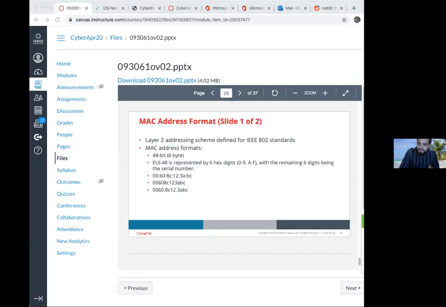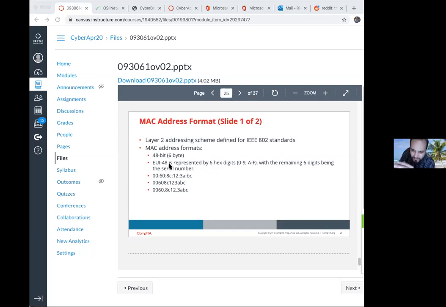All right, so MAC address formats. That's what we just went over. That's layer 2, and it's defined by those standards. We can see it's 48 bits, so that's 6 bytes. And the extended unique identifier 48, or EUI-48, is kind of interchangeable with the MAC address.